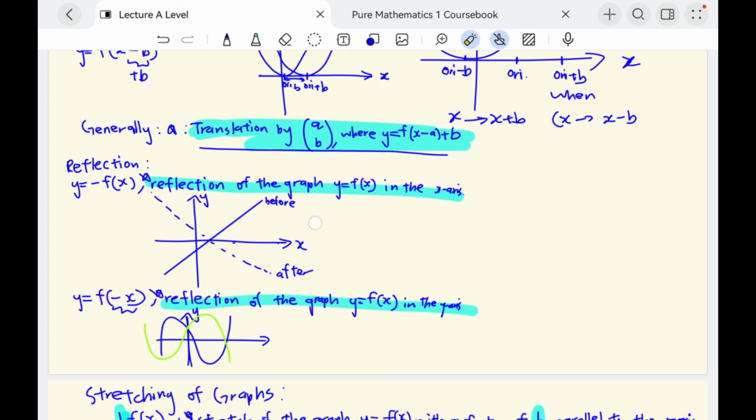Let's say I give you a linear graph, and I want to make a reflection about the x-axis. This is the axis of the reflection. That means your negative range becomes positive, and your positive range becomes negative.